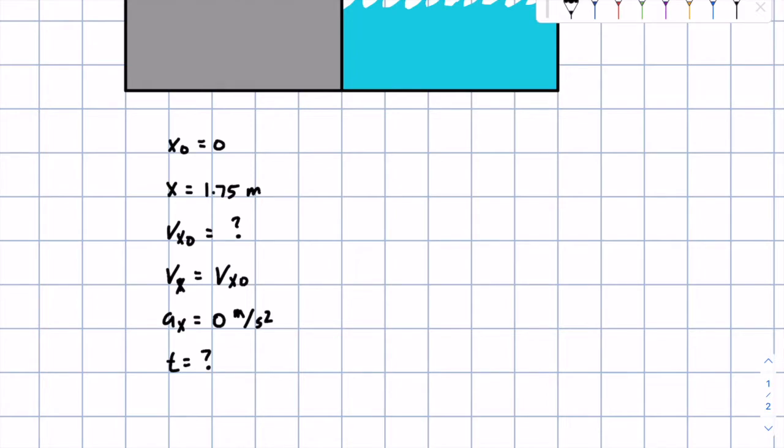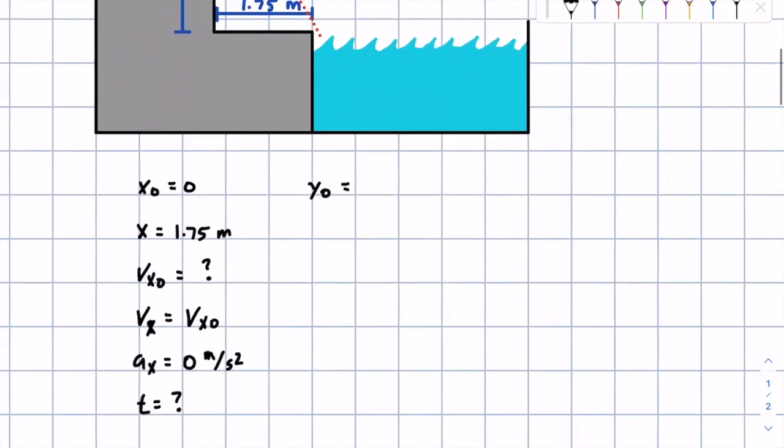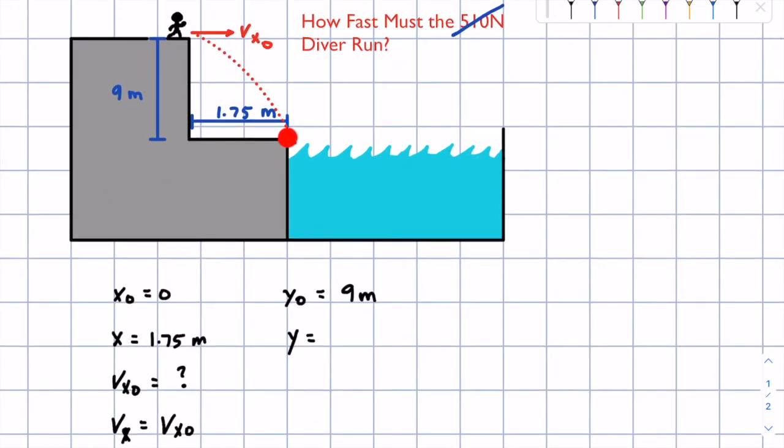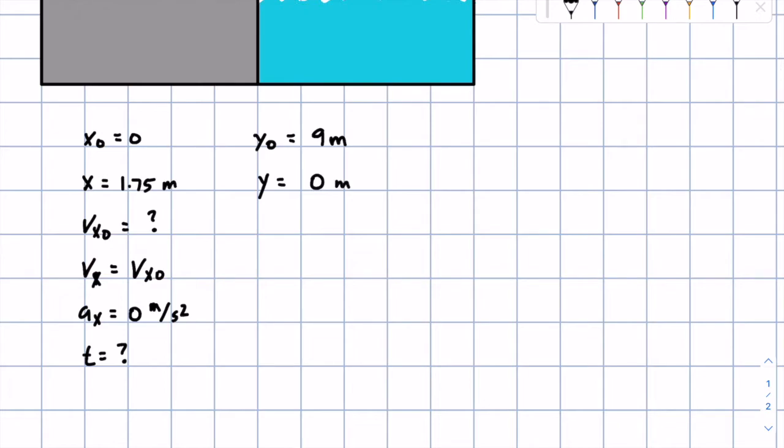Now let's write down what we know for the y's. We know that the initial height is 9 meters. We can say that the final height here, if we're calling this 9, then we have to call this 0. So the final is 0 meters.